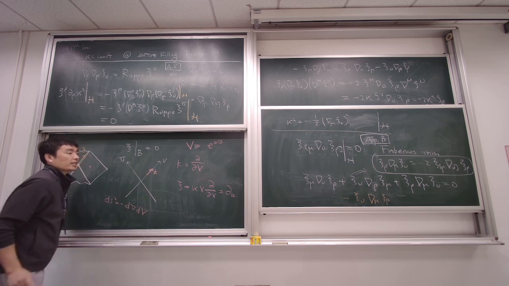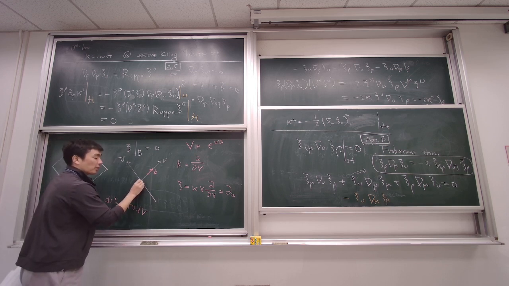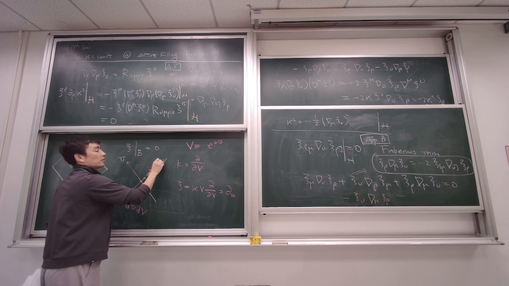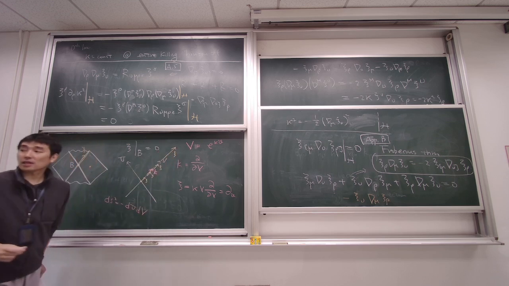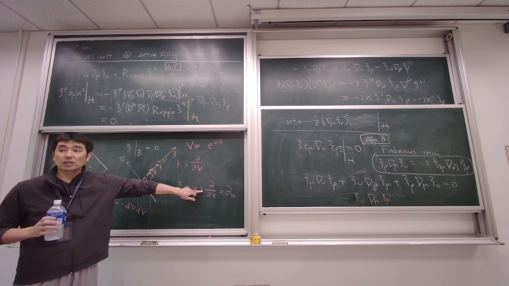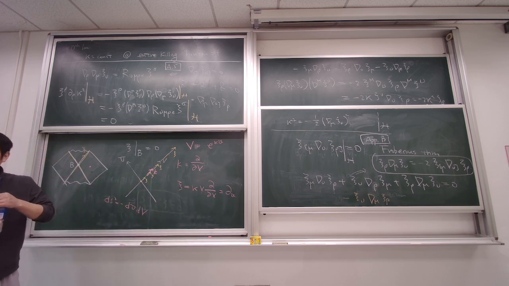On the other hand, C will vanish at this bifurcation point. So this is 0, and it becomes very small. This is C, and like this way, C gets bigger and bigger. So this is the property of the C Killing vector. Okay, so that's what we learned. Since it's proportional to V, here the capital B is in front, therefore at the bifurcation point it should vanish. So that's what we learned a long time ago.